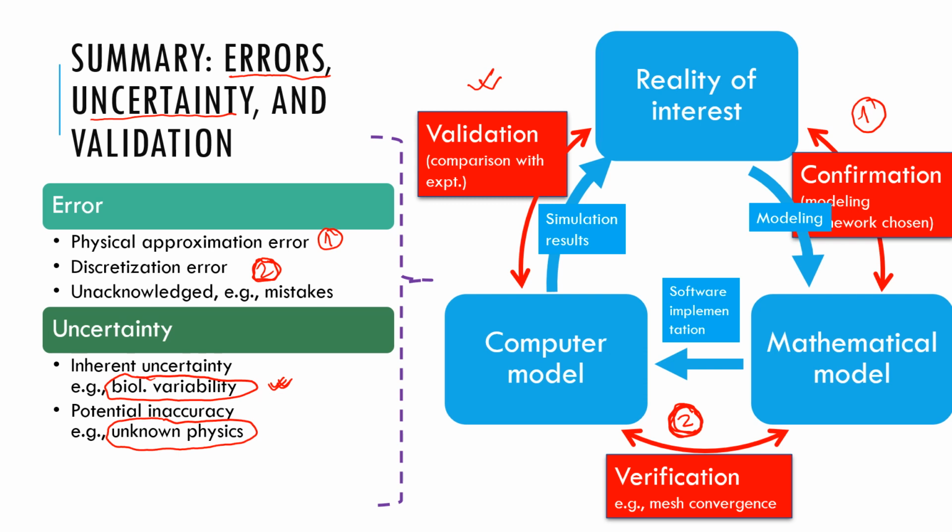Typically, once the model is built, then we bring in the biological variability simply by running the model over a range of situations, which can be just a range or a distribution of this variability. All these have been discussed in a different video.